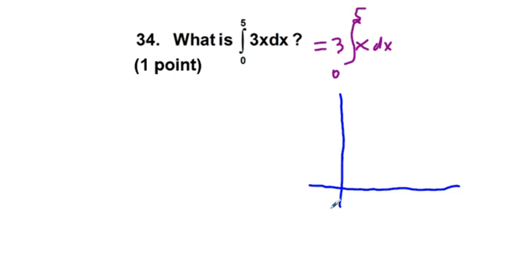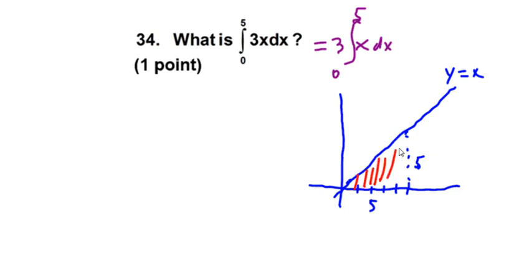Okay, we have y equals x, which is going to be this diagonal line here, and from 0 to 5, 1, 2, 3, 4, 5, we're going to have this triangle with its base of 5, its height of 5, and its area under this line is going to be like this.